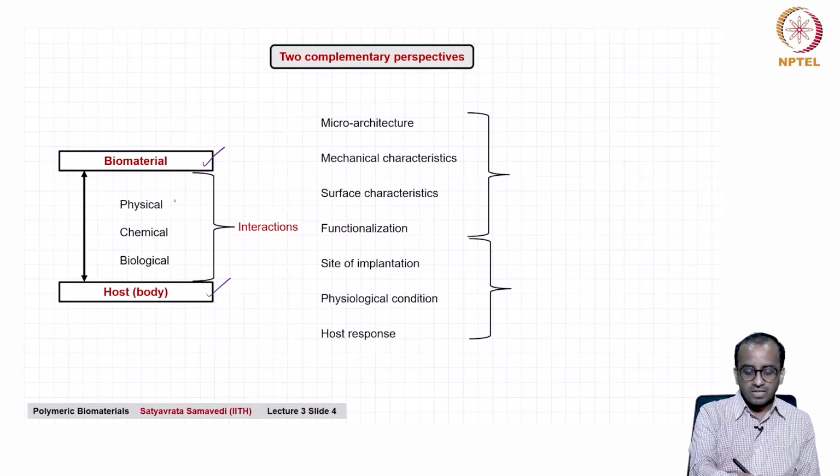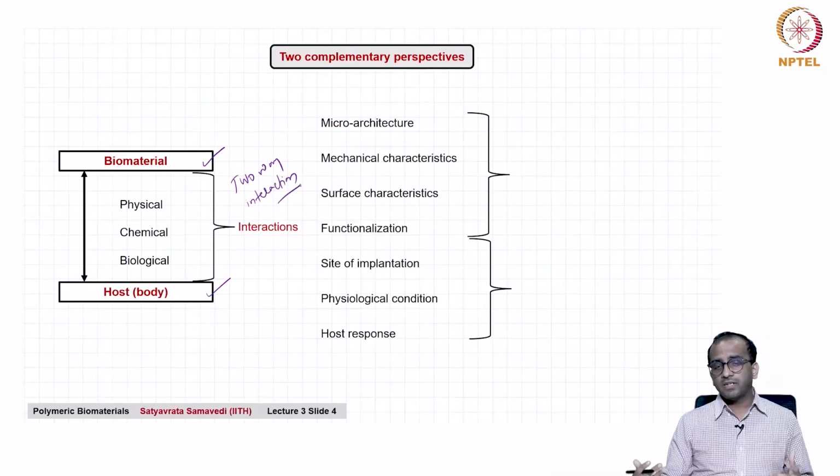And we saw that there is a two-way interaction between these two, in the sense that you are implanting the biomaterial into the body with a specific goal in mind to treat, augment, evaluate, etc. But in turn, the body, because it's a living organism, is also going to initiate a series of processes that will in turn do some things to the biomaterial, right?